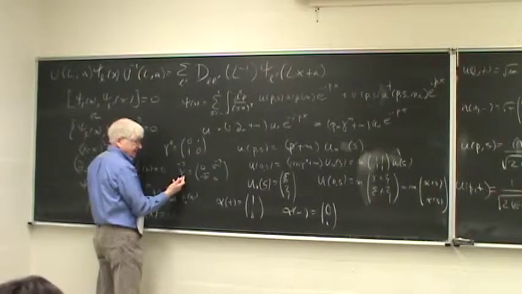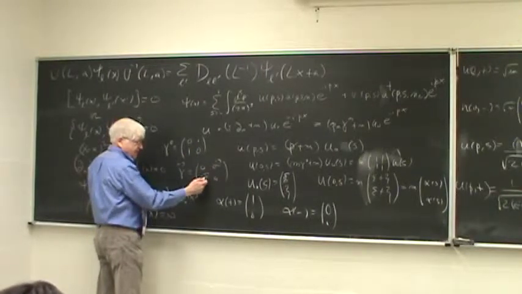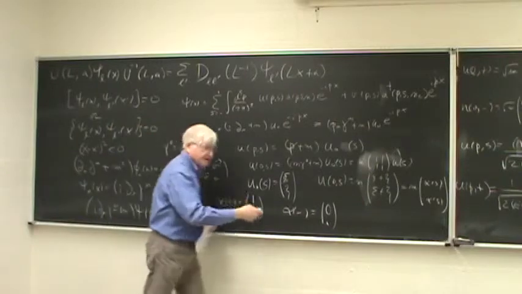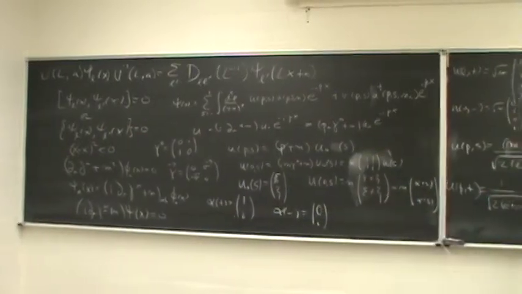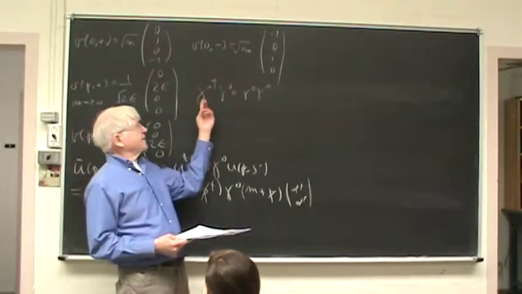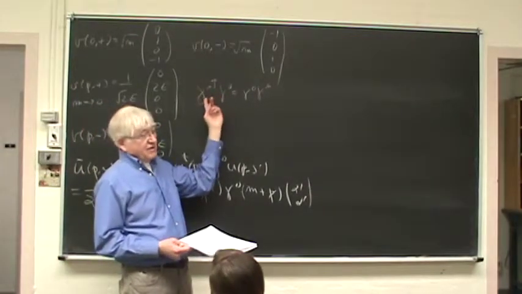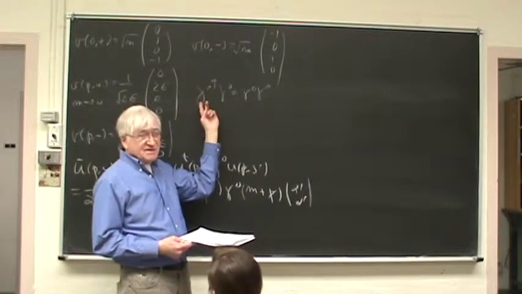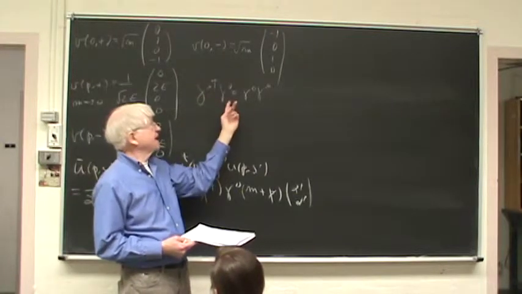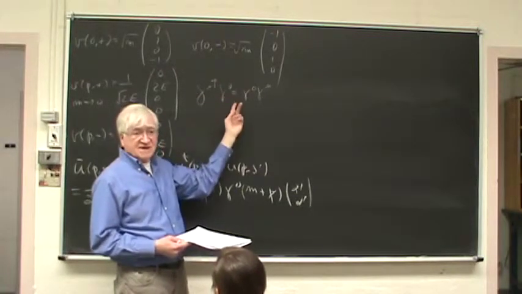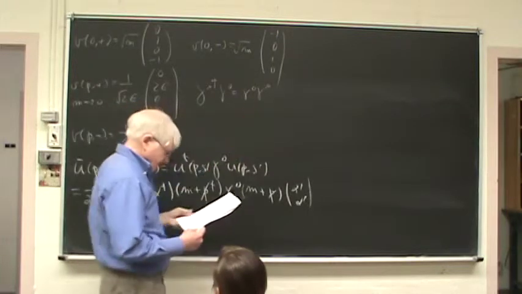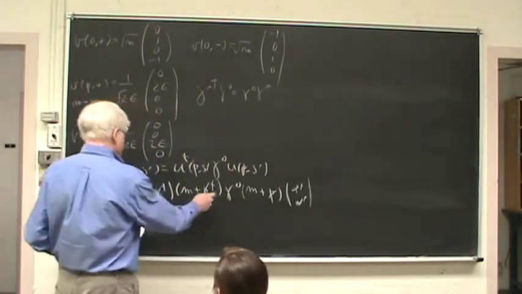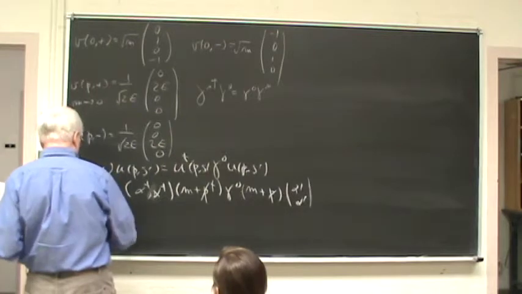The vector gammas, these Pauli matrices, are Hermitian, but there's a minus sign here, so they're anti-Hermitian. And on the other hand, gamma 0 commutes with gamma 0, obviously, but gamma i, the space index, anti-commutes with gamma 0, so you get two minus signs, and that's why this works. So this equation can be rewritten as 1 over 2E plus m.